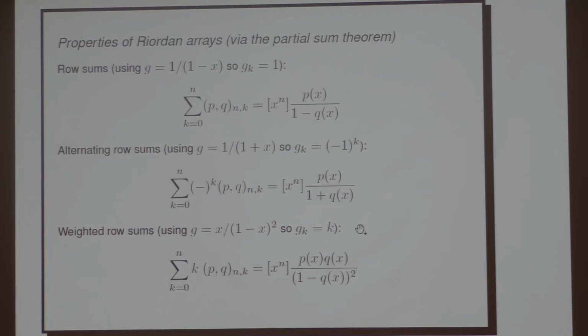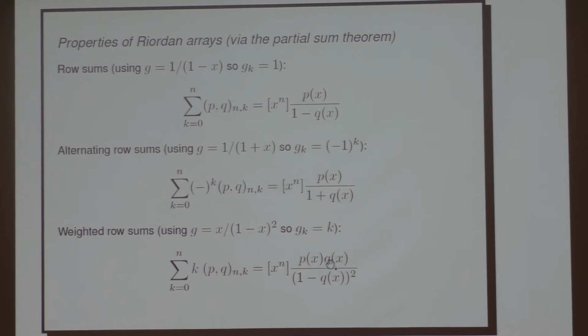And also we sometimes want the weighted row sums. Now we're going to change our g_k to be equal to k itself. This is also easy to get, the generating function of that. You actually get it just by differentiating this one. It gives us this. So we just apply the same thing as before.